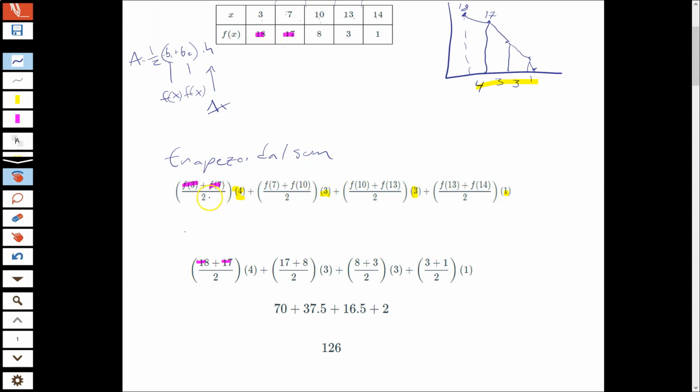My first trapezoid is this first interval. My second trapezoid is this second interval, so they overlap in a certain way, and you go from 7 to 10 for that second one. Then I calculate the area of each and simplify. Okay, so that's a trapezoidal sum.